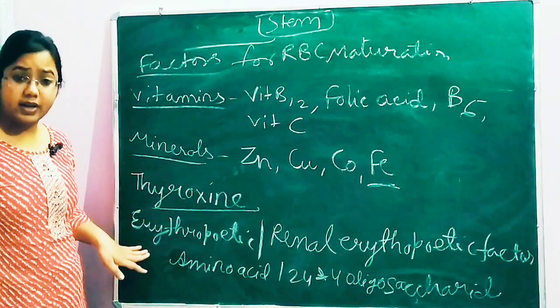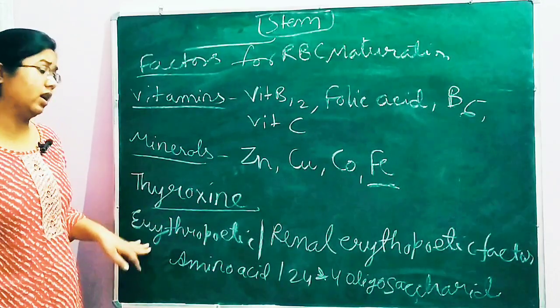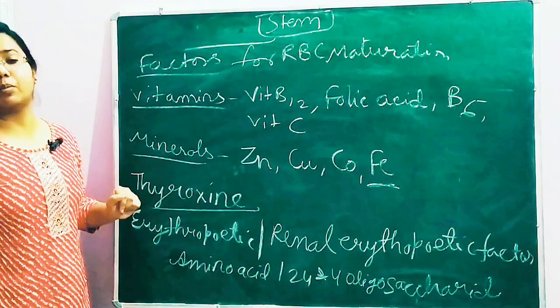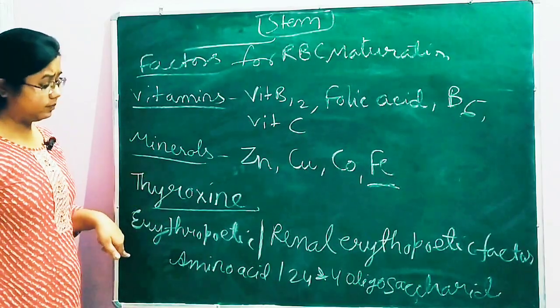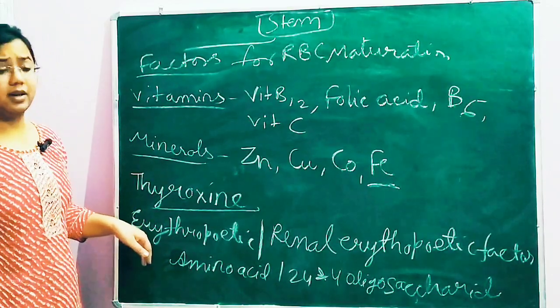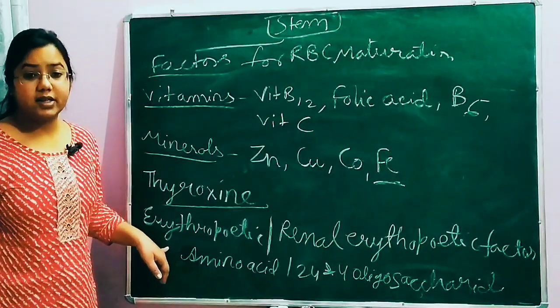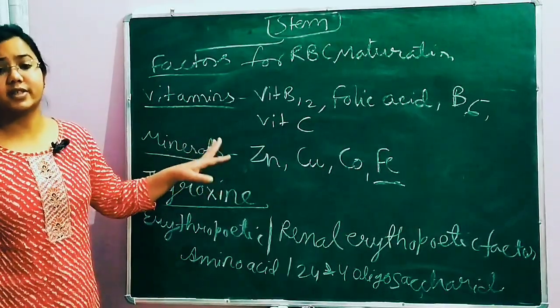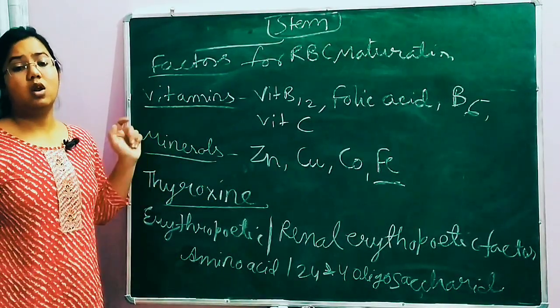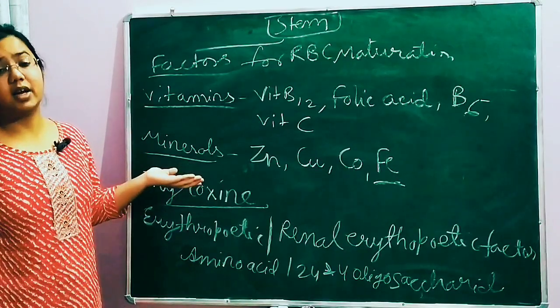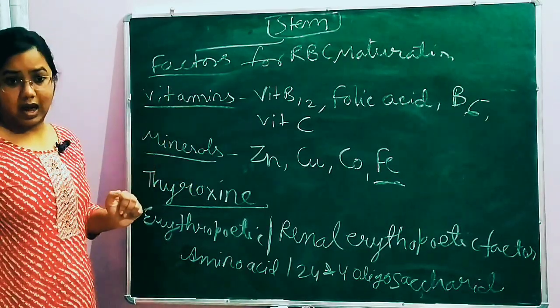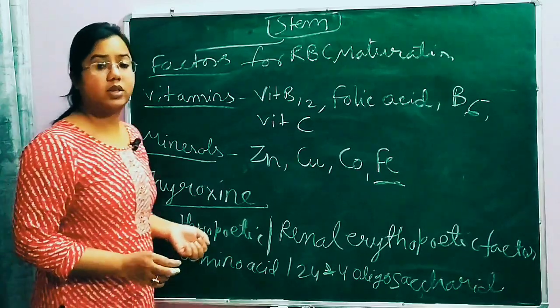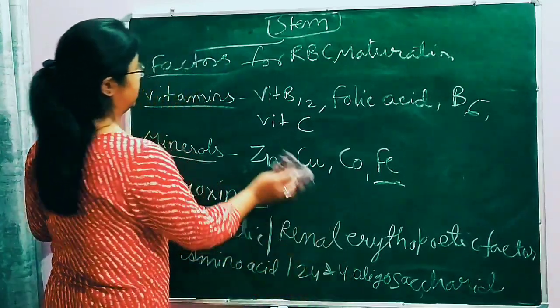Sometimes recombinant erythropoietin is used for the clinical treatment of anemia, and erythropoietin increases the erythropoietic sensitive stem cells in the bone marrow, and so we can increase the RBC number. So this is all for haemopoiesis.